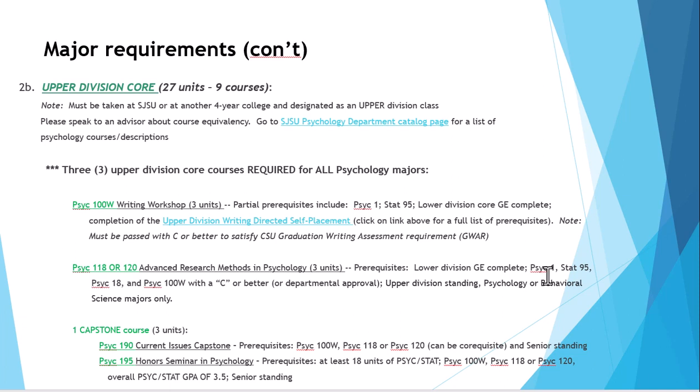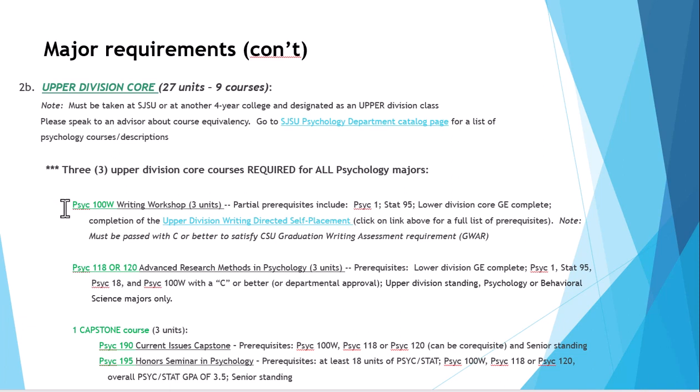You have to have completed Psych 1, Stat 95, Psych 18, which is the Introduction to Research Methods course, the lower division course that we talked about earlier, and Psych 100W with a C or better. Okay, so you're not able to enroll in Psych 118 until you have completed Psych 100W.